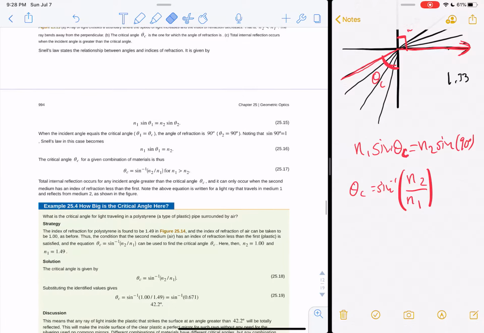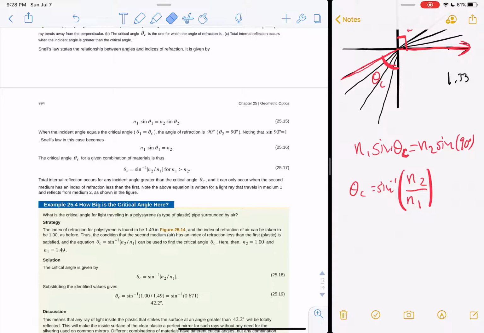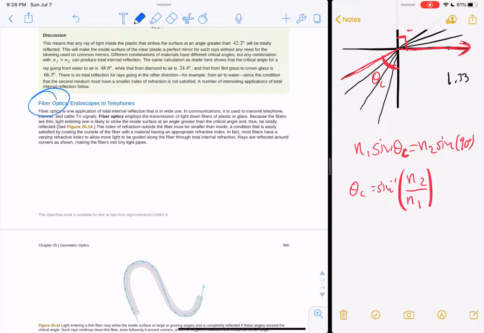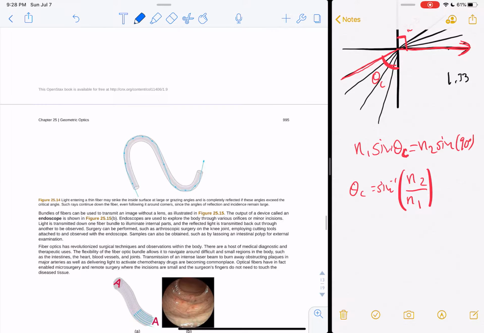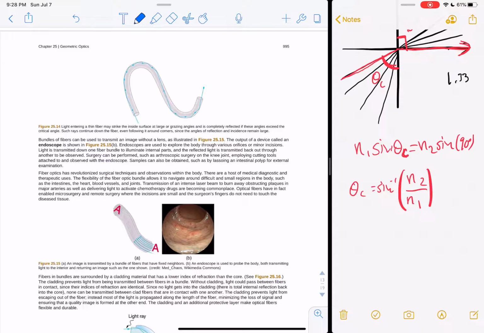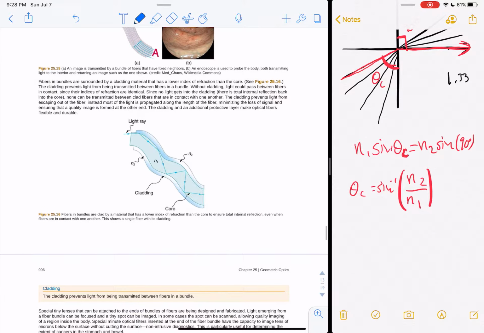So fiber optics, endoscopes, telephones, all those things, you basically have the light bouncing around because it's trapped within. The light is always above the critical angle, so it just bounces again and again and never escapes out through the surface.